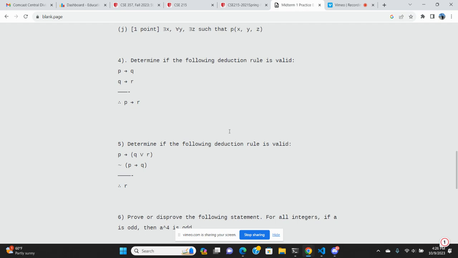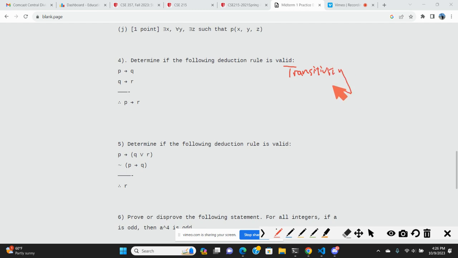Well, if you remember from the table of logical rules that you can use in inferences, this is indeed true, and this is called transitivity. So if you just memorize that from the book, awesome. That might save you a question's worth of time and you can just directly say, okay, this is true by transitivity. Let's move on to number 5.